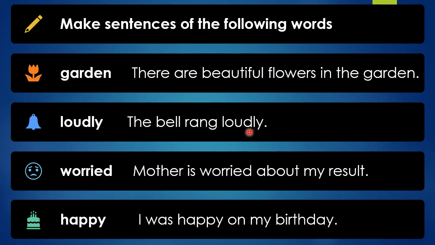You can make on your own. Third word is worried. The sentence here is, mother is worried about my result. Last word is happy. I was happy on my birthday.